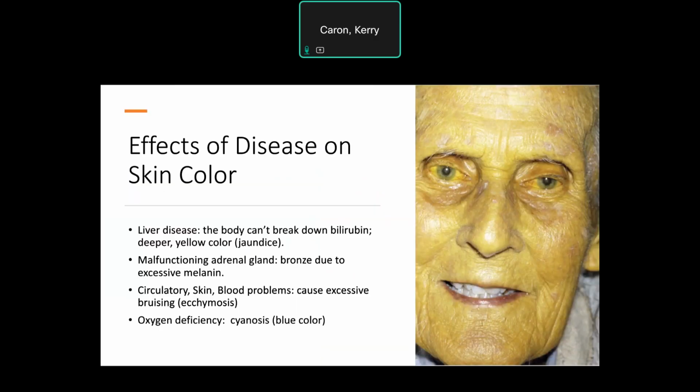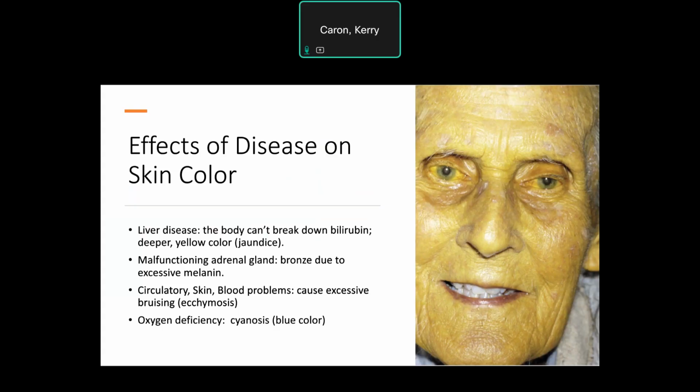So as we mentioned, disease can affect skin color. Liver disease means the person can become jaundiced, which is a yellowish tint, because the body cannot break down bilirubin, and they become yellow. I showed you a picture of Addison's disease, which is a malfunctioning of the adrenal gland, and they end up turning bronze due to excessive melanin.